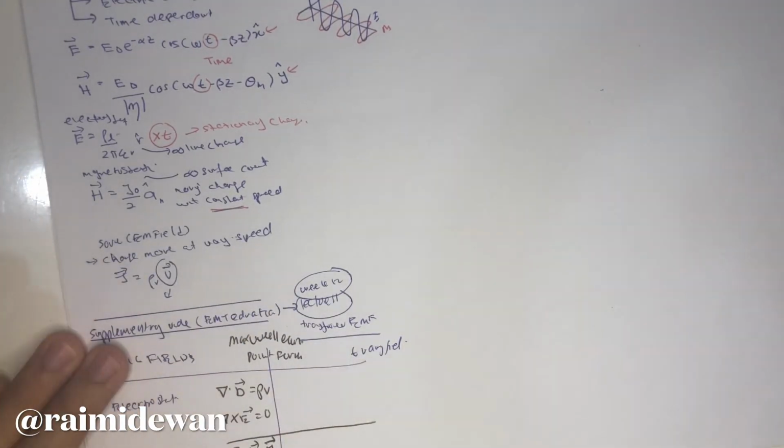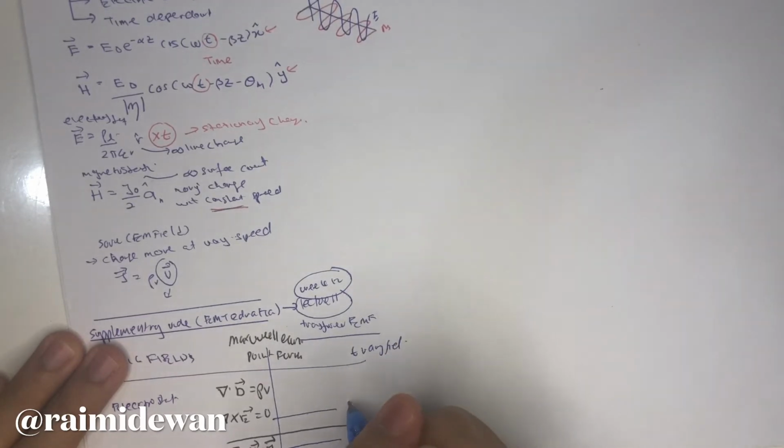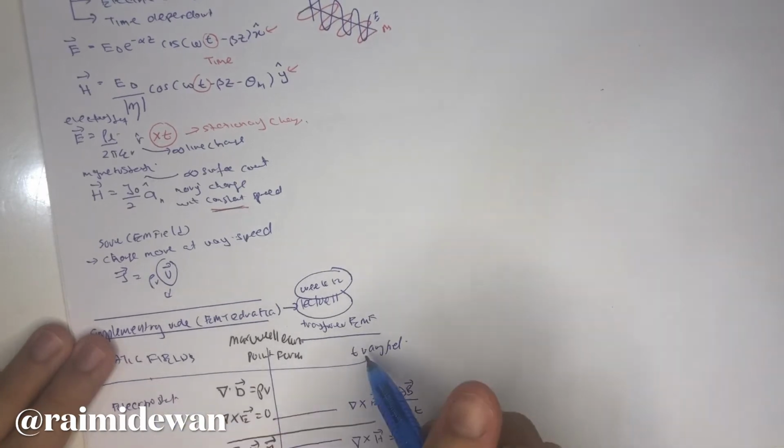So what is different in the time variant case is two of them, here, where you start to have your time element. And here as well, the other two are the same for both static field and time varying field.